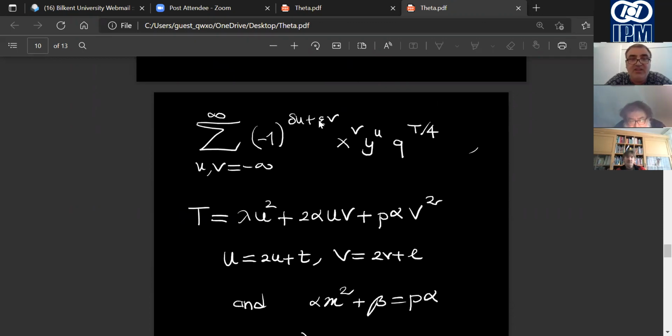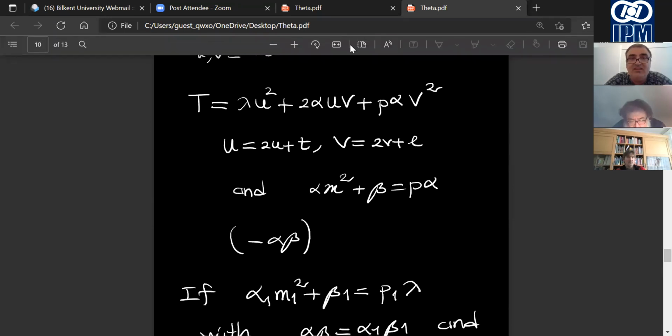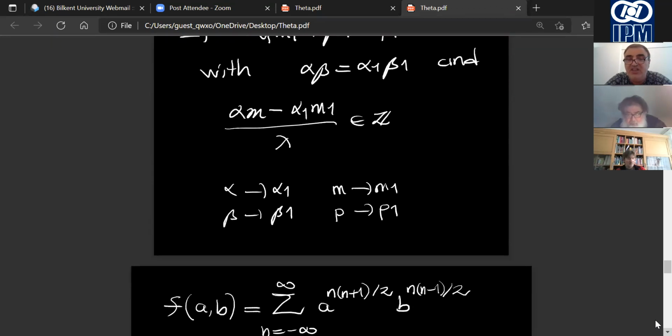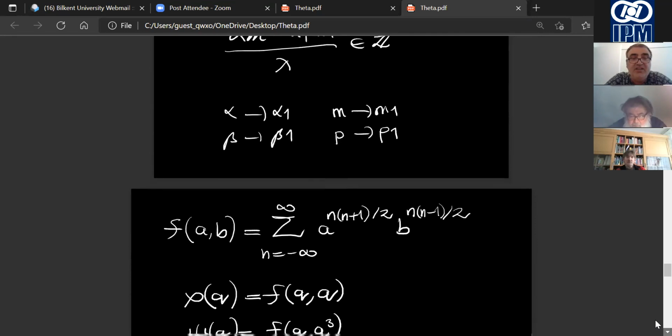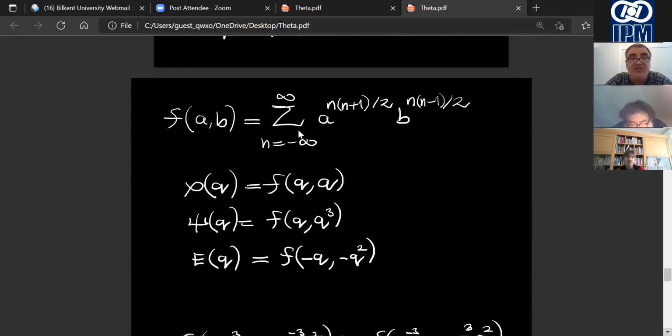These lambda, epsilon, delta, they change suitably. So of course the quadratic form does not change, but the representation in terms of theta functions changes. So now I need to define the general theta function.